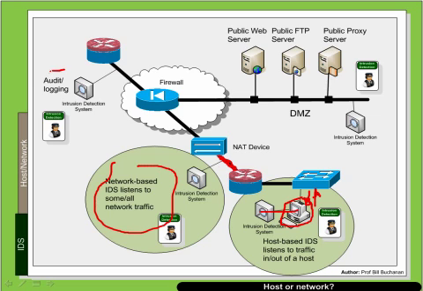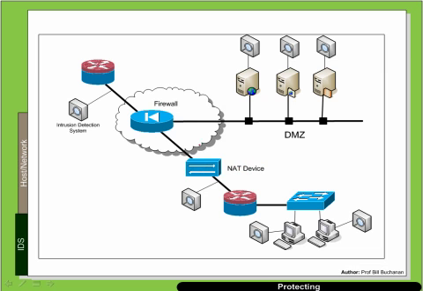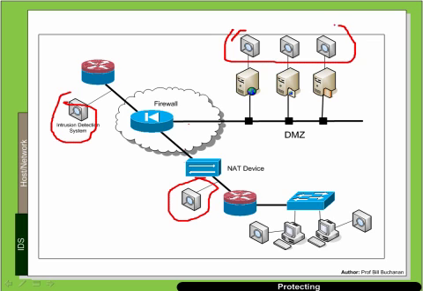So we can see here that we might use intrusion detection systems here for some sort of audit log purpose, an intrusion detection system here to listen to the traffic inside the DMZ, and one here to listen to traffic inside the inside network. Okay, so we've placed one there, and these are the network ones, and there is a host-based one for each of the servers and also for each of the hosts.